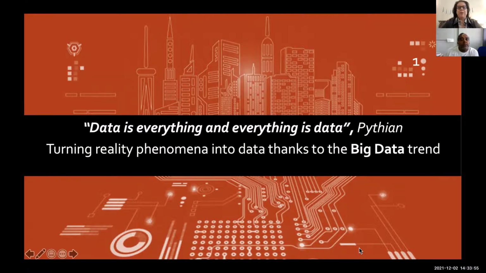I don't remember if in a previous talk someone has already used this slogan. This is the motivating and publicity slogan that explains why we need data science today.